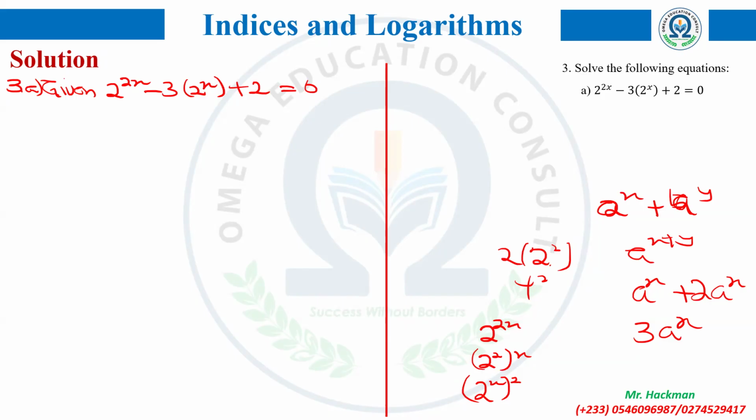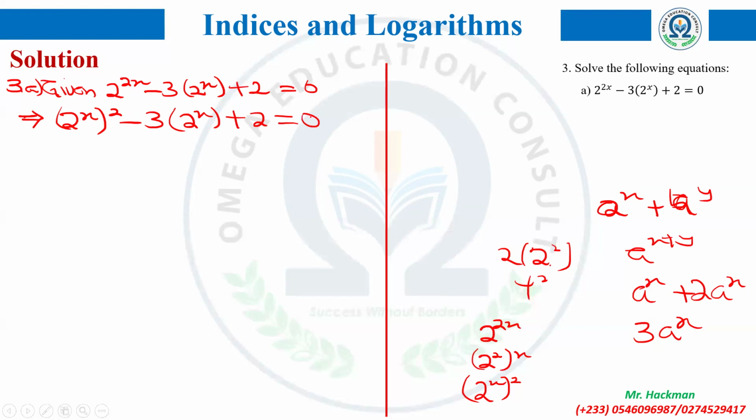However, for convenience sake, we are going to write this one again in this form, just as we did in that situation. So I'm going to write this one as, this implies that, 2 to the power x all squared minus 3 into 2 to the power x plus 2 is equal to 0.